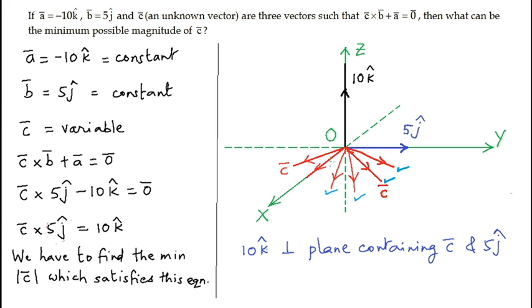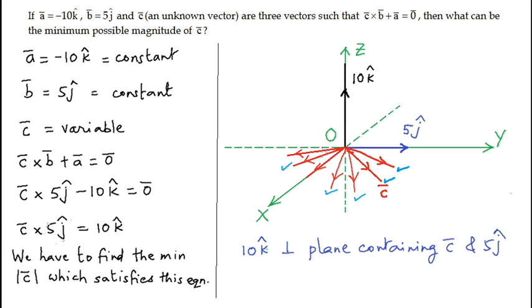Notice that when we curl the fingers of the right hand from C bar to 5j cap through the smaller angle between them, that is through this angle, and we stretch the thumb of our right hand, we notice that the outstretched right thumb once again points in the direction of 10k cap. Now this would mean that this particular direction of C bar once again fulfills the equation C bar cross 5j cap is equal to 10k cap.